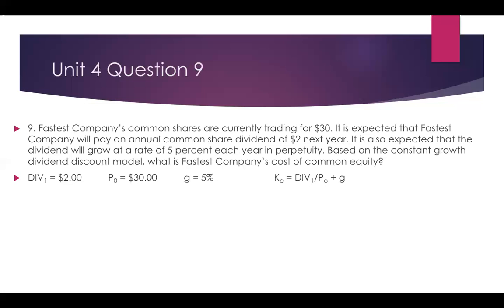The equation for cost of common equity is the dividend divided by the price per share plus the growth that's expected per year. Plugging that information in, we end up with a cost of common equity of 11.67%.